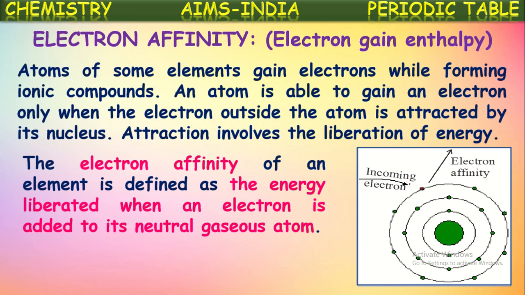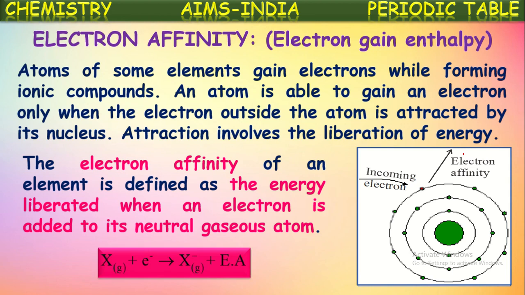When this electron is taken by this atom, this nucleus will attract this electron. In this attraction, a certain amount of energy will be emitted by this atom. That emitted energy in taking this electron is called electron affinity, which is also known as electron gain enthalpy.